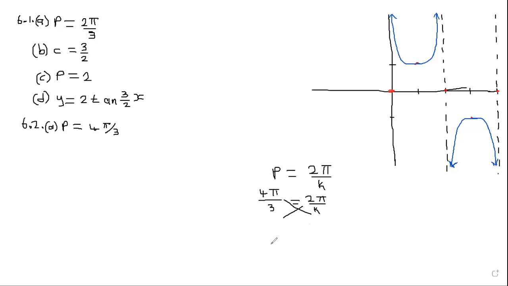Cross multiplying, you find that 4 pi K is equal to 6 pi.